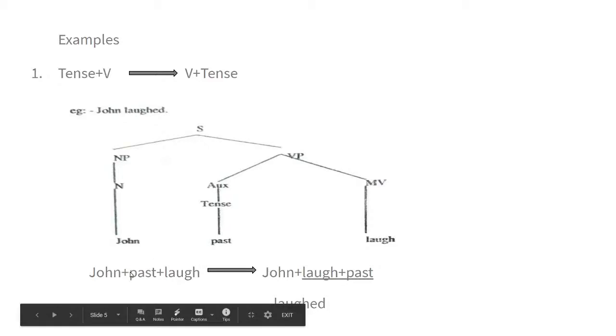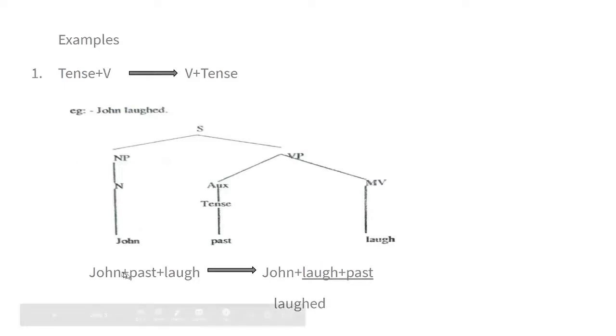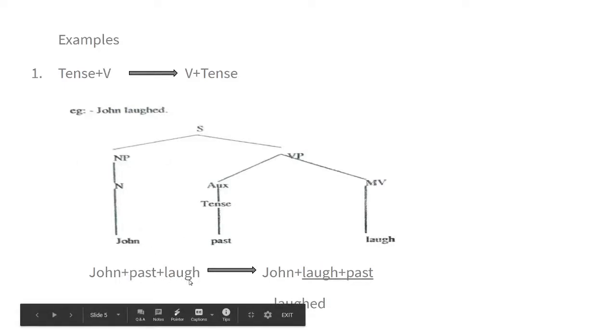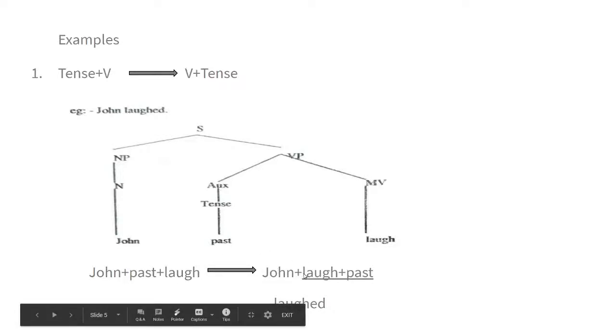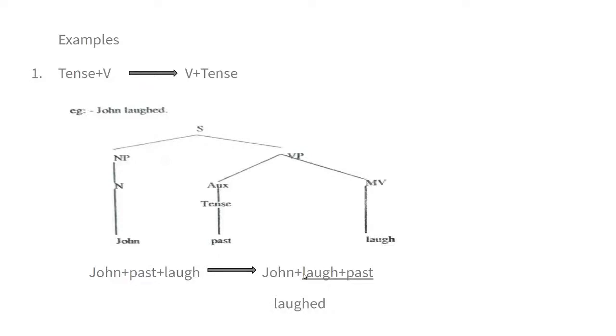First of all, we write the elements of the kernel string on the left side. John plus past plus laugh gives rise to John plus laugh plus past. John plus past plus laugh became John plus laugh plus past after applying the affix switch rule.